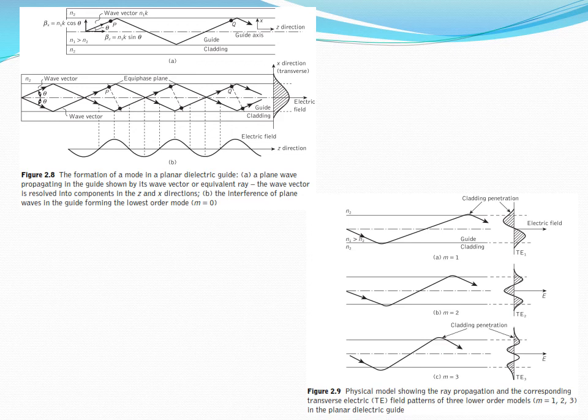So here the cladding penetration is lesser, and here the cladding penetration is more. You can see that in the diagram. As the number of modes increases, the cladding penetration increases. Whenever the optical ray penetrates into the optical fiber cladding, it results in loss.